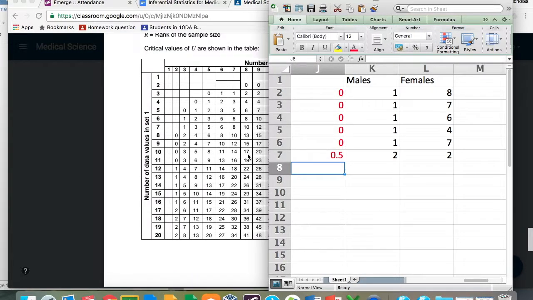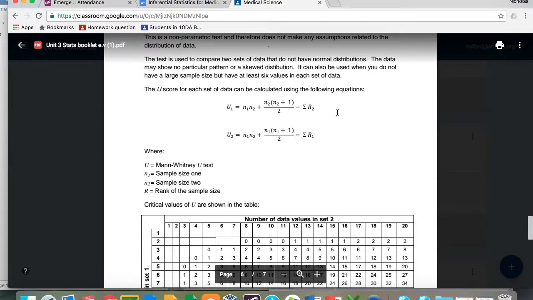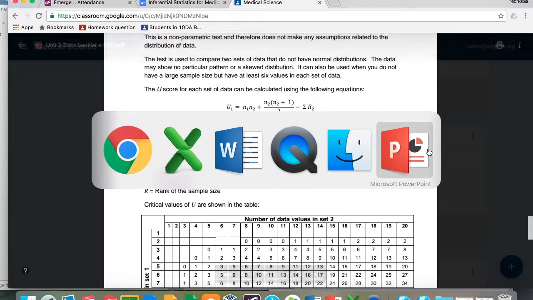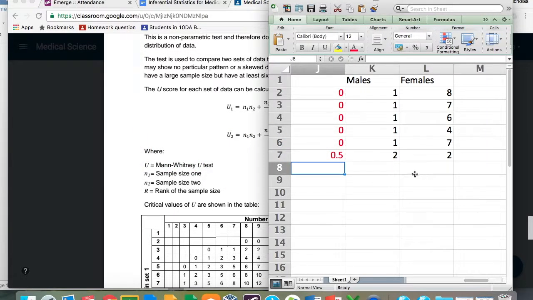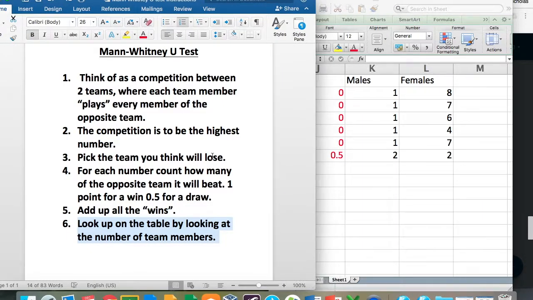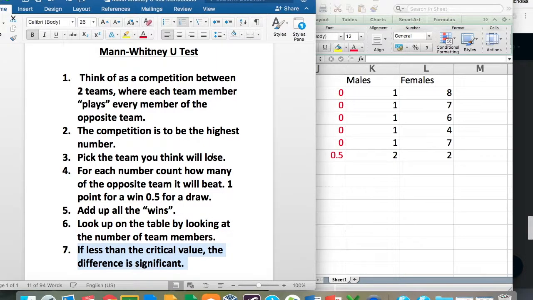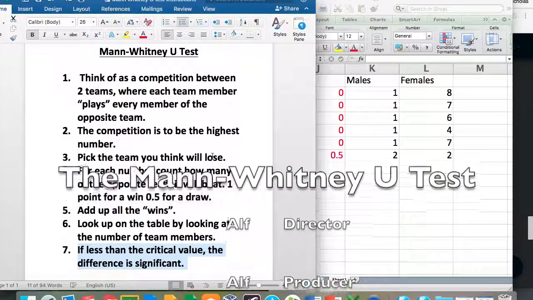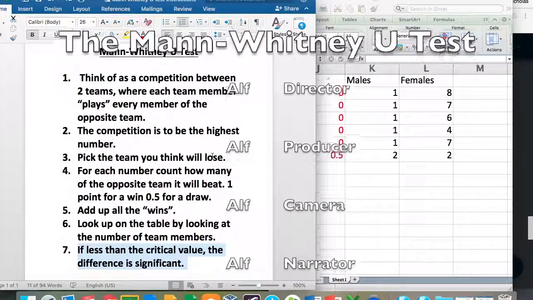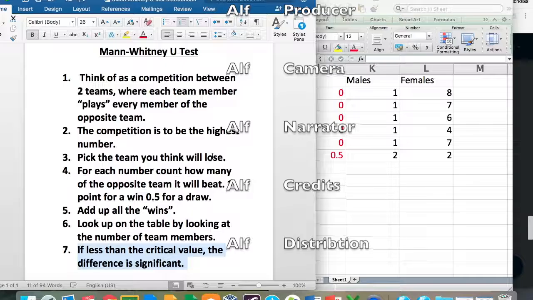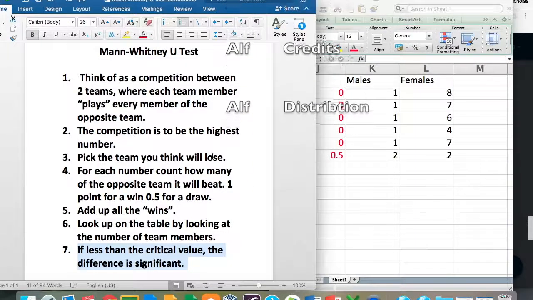So, very scary to look at, but hopefully you can see it is very simple to calculate, and importantly, this is the method to do it. So we look it up. If it's less than the critical value, the difference is significant. So there you go. There's the Mann Whitney U test.